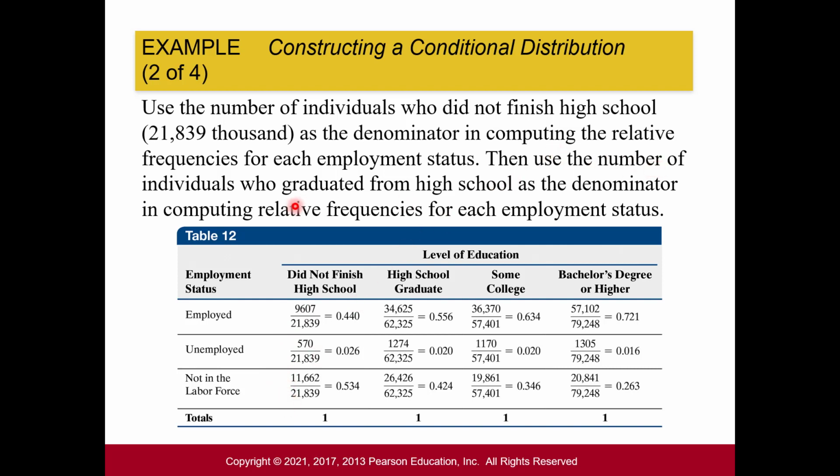Then use the number of individuals who graduated from high school as the denominator and compute relative frequencies of each employment status. Similar calculation, but this time our denominator is the total of people that had a high school diploma. And similarly for some college and bachelor's degree or higher. And then notice that the totals are all 1 here, because remember our relative frequency total is always going to be 1 or 100%.